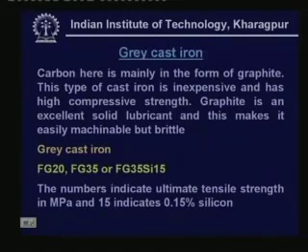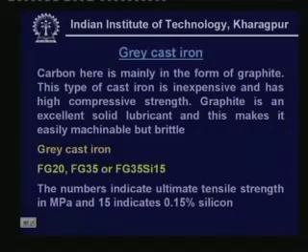Also can be made up. And graphite is an excellent solid lubricant, and this makes it easily machinable but brittle. Now in general the cast irons are brittle, but of course not in all cases, as we will see.